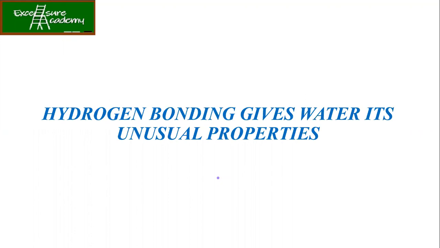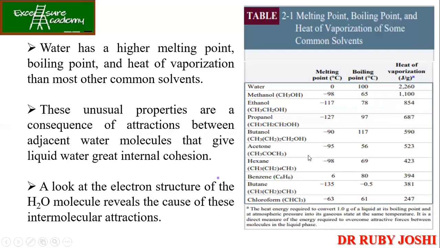Now, hydrogen bonding gives water its unusual properties. So this is what I was talking about, like water acting as a universal solvent, and its best action is because of the property of its hydrogen bonding. So water has a higher melting point, boiling point, as well as heat of vaporization than most of the other common solvents.